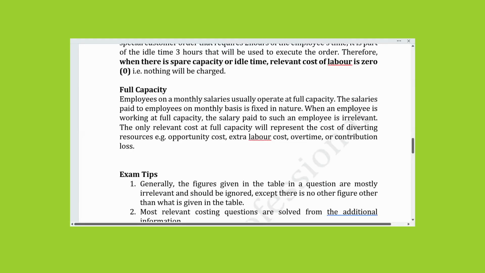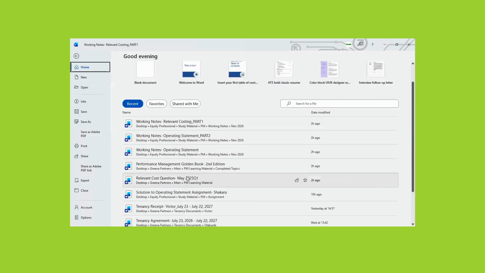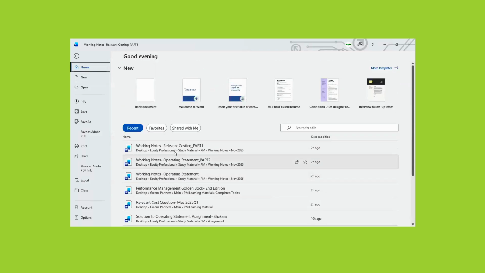Do you have any questions so far? These are all the explanations relating to relevant costing. At this point, what we want to do is to start solving questions. Let me copy.